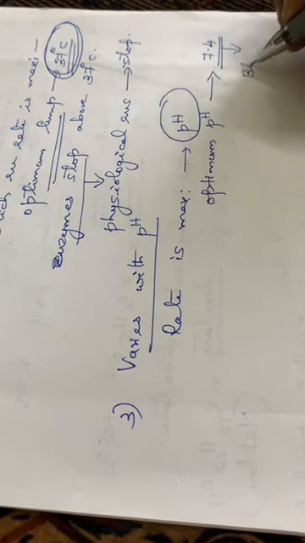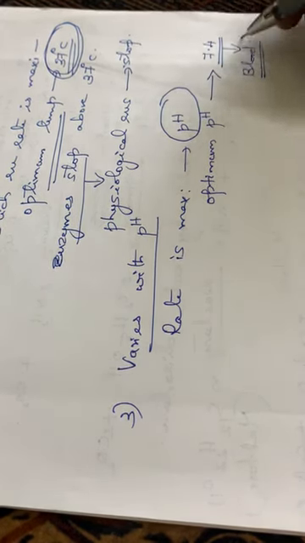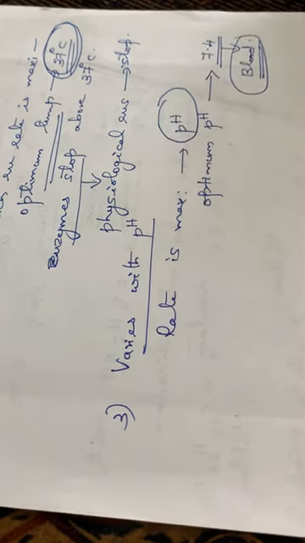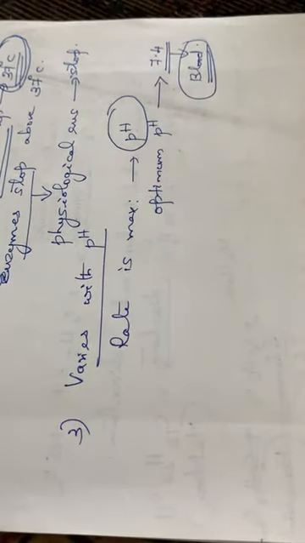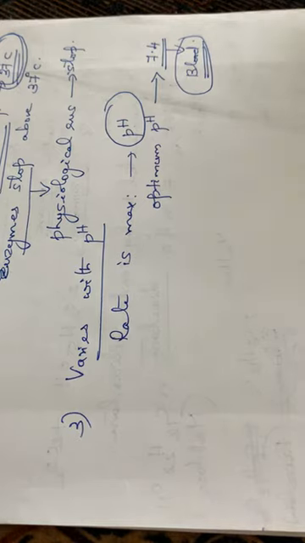Our blood has a pH of 7.4, so at this pH the enzymatic action functions best. So that is the third point.